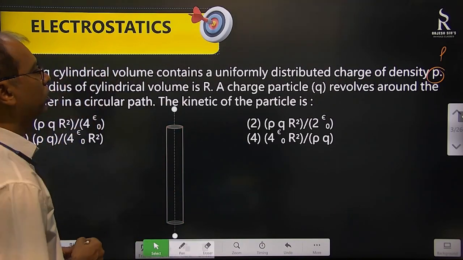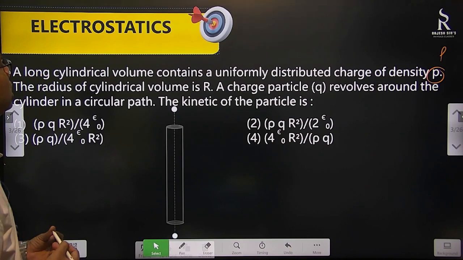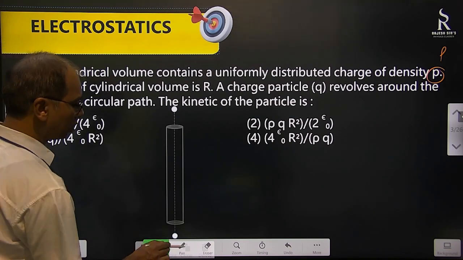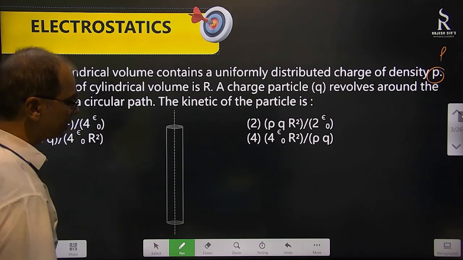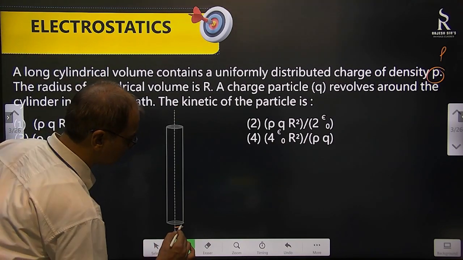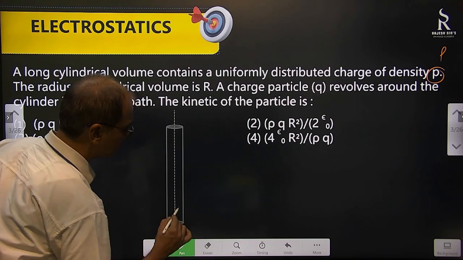This is the axis. The cylindrical volume contains a uniformly distributed charge of density rho. Density is given as rho and its radius is r.